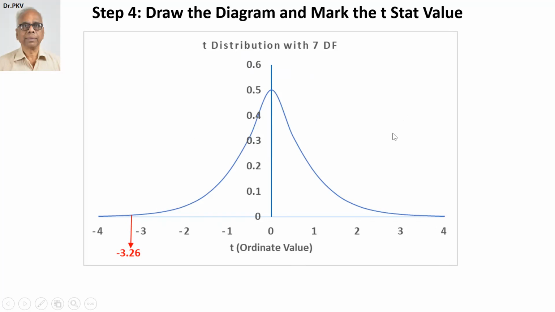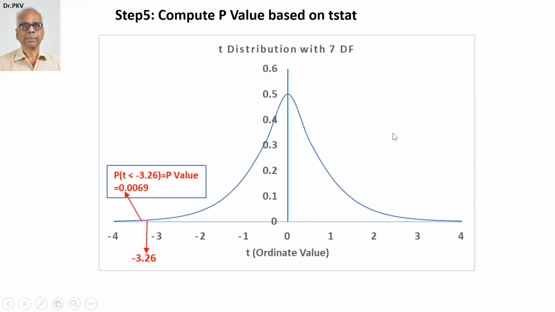Step 5, compute the p-value based on the t-stat, and using Excel, I have computed the p-value using the function as before, which is t.dist, which you can do easily in Excel.